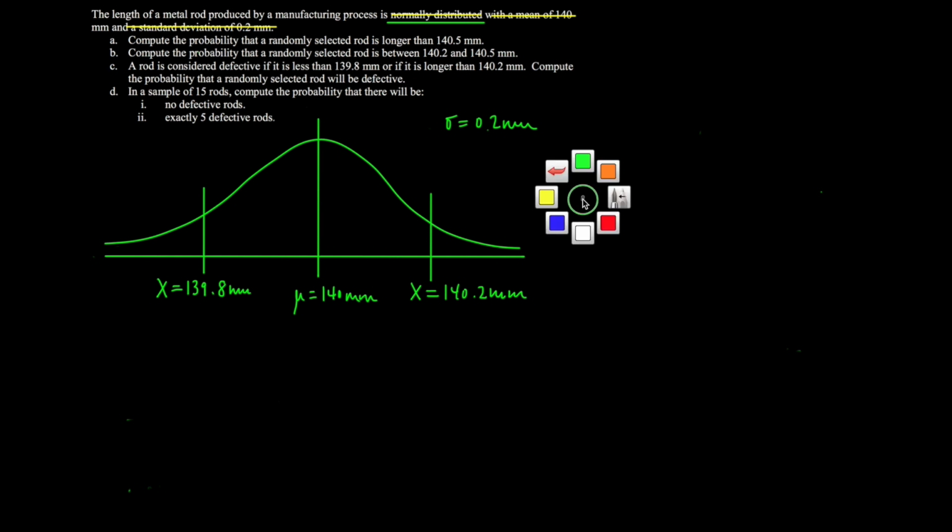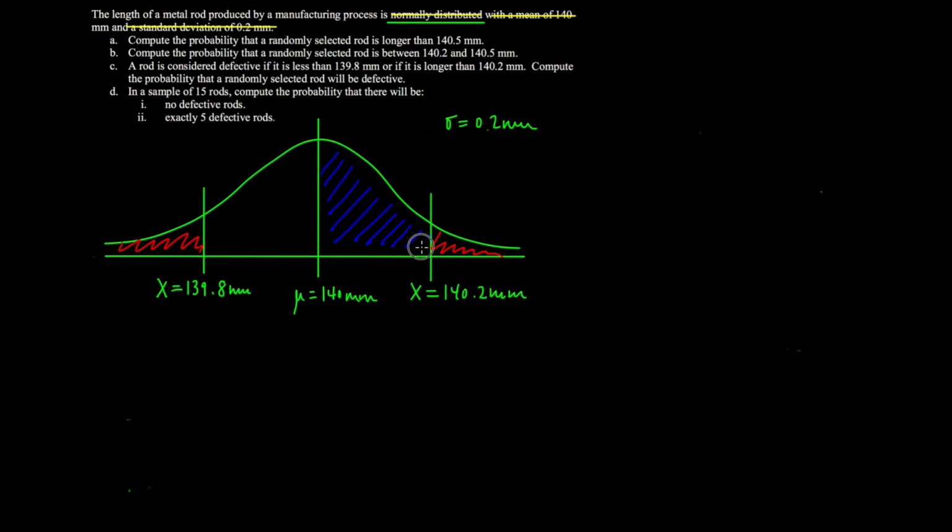So we agree that the probability of a rod being defective is this and this right here, okay? It's both, because it's defective if it's above 140.2 or if it's below 139.8. From part B, we already know that this section right here is going to equal 0.3413.